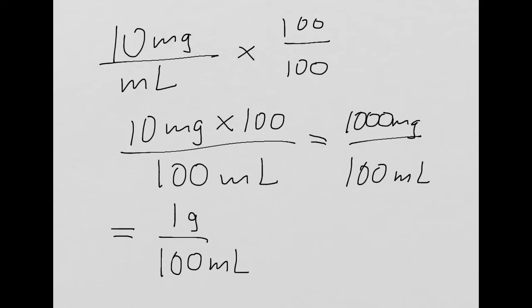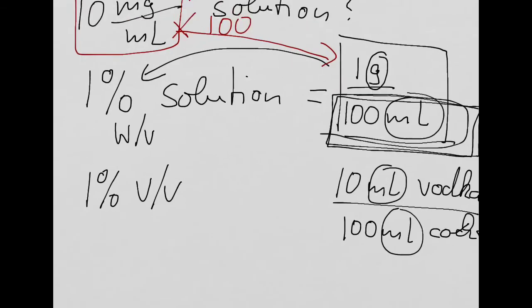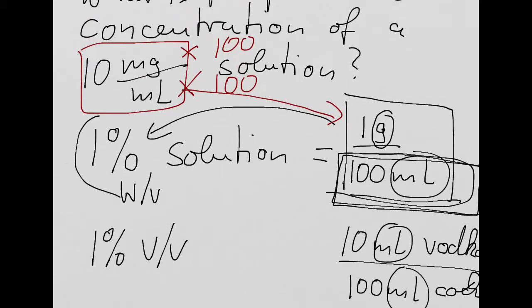So in this case, it is a 1 gram per 100 milliliter solution. In percentage, it's a 1% solution.